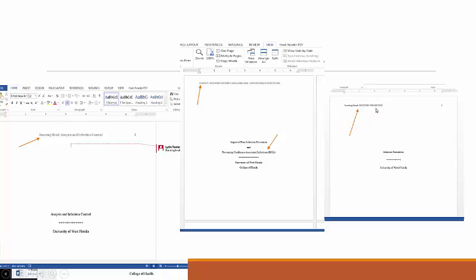All of that should be caps, and it should be to the left side of the screen. Here on the first page we didn't have running head, and here we had running head. However, it is in the center, and the student did not capitalize everything. So that should be caps, it should be to the left, and it should not be bolded.